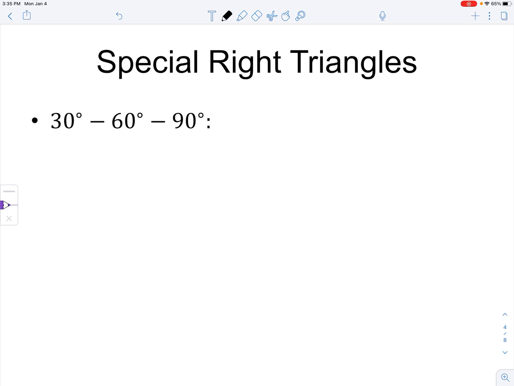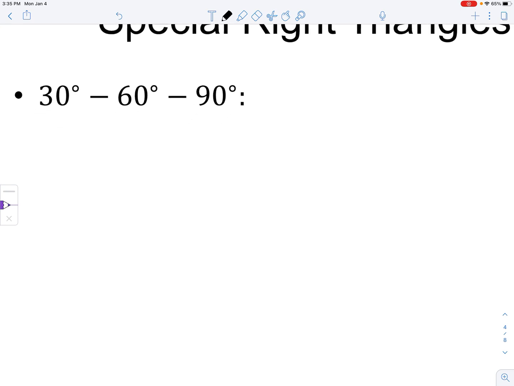They represent a set of similar triangles. There are infinitely many triangles that have the angles 30, 60, 90, and infinitely many triangles that have the angles 45, 45, 90, but their side lengths have a special relationship.